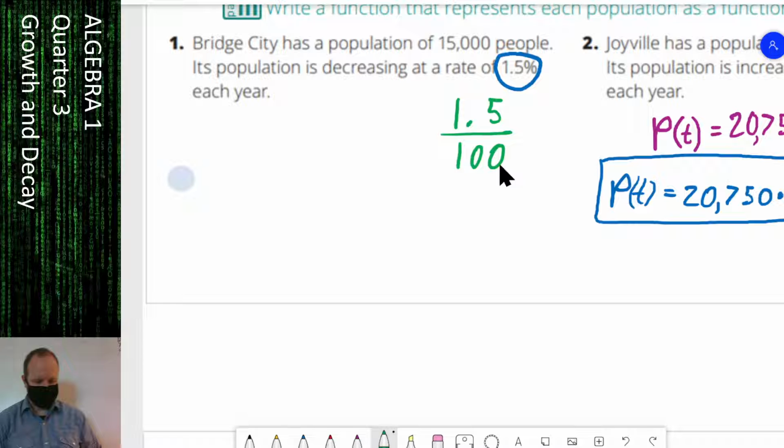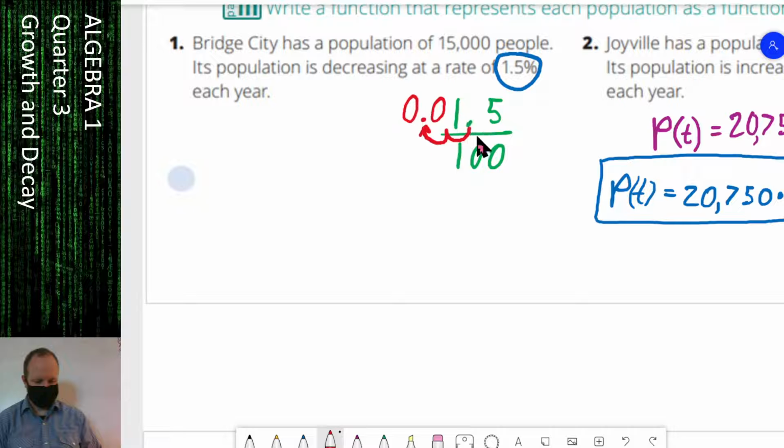Since we're dividing by 100, we move the decimal twice. Moving it once would just be a decimal in front of the 1. Moving it twice, we need a placeholder 0. And you might as well throw another 0 in front of there. You don't have to, but it'll keep you from getting it confused with the multiplication dot, which is easy to do.